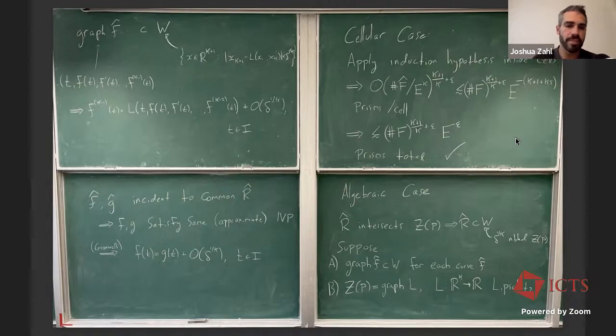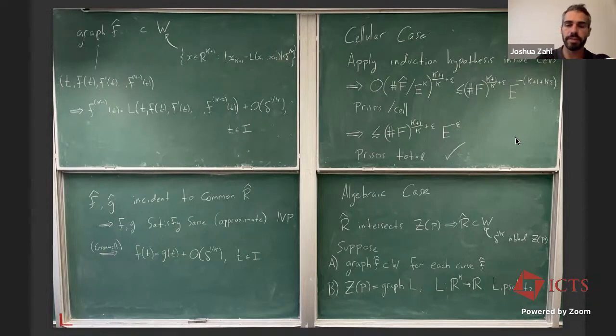So we're saying that the two different functions, f and g, satisfy the same initial value problem, or up to small error. And so some version of Gronwall's inequality says if two functions almost satisfy the same initial value problem, then they have to remain rather close for all time. So this is this bottom left implication that f and g are going to have to agree with each other on more or less this entire interval up to some error, delta to the 1 over k.